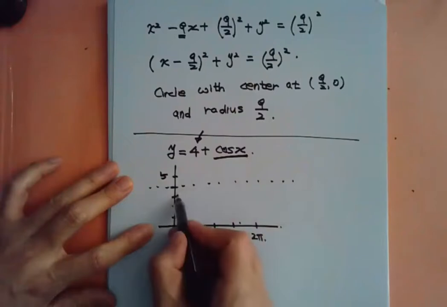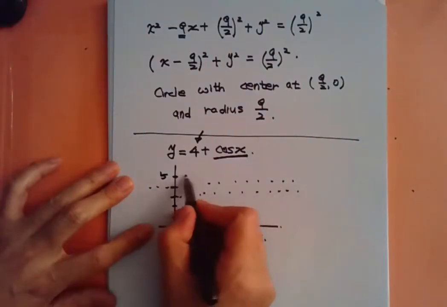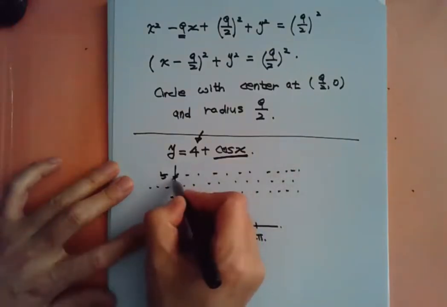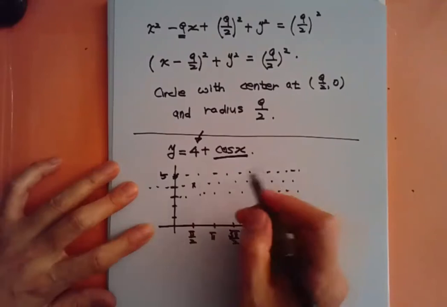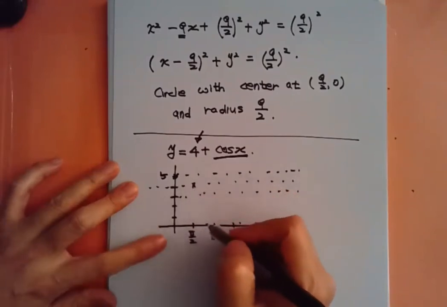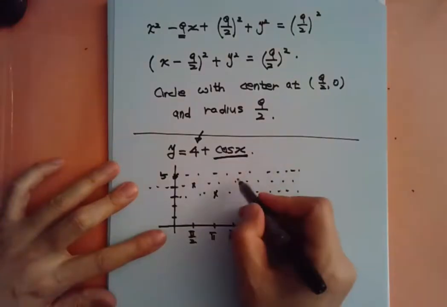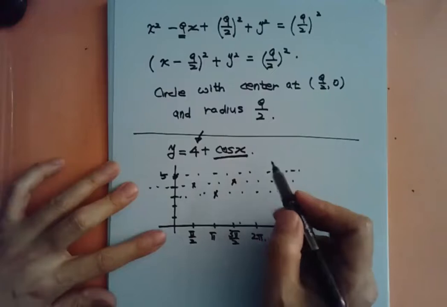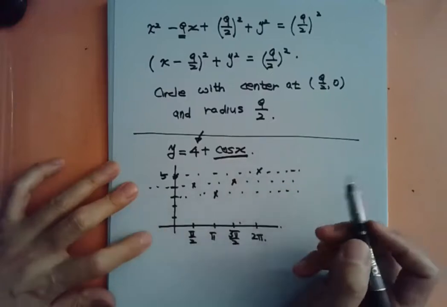And then the others will resemble the cosine graph. Cosine graph starts at the maximum, so it starts here and then passes the middle when that becomes pi over 2, and then the minimum at pi, and passes the middle at 3 pi over 2, and when that is 2 pi, that becomes the maximum.